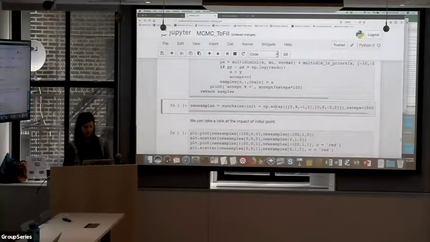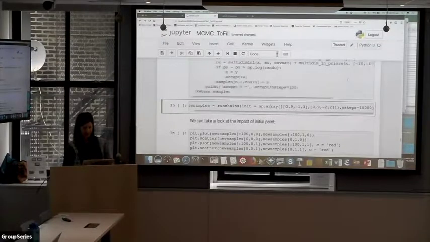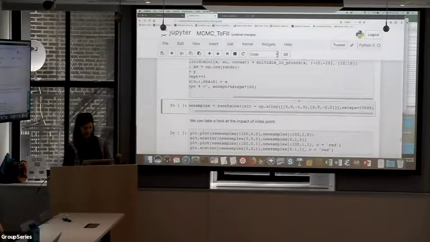Now I can run it, and my priors are between -10 and 10. So I'm starting at 0, 0, 9, 9, -1, -2, and 3, 2. Is this a good set of starting values?